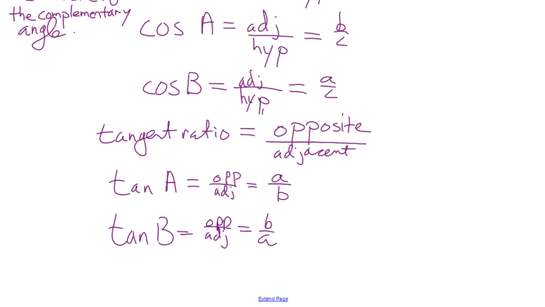Okay, what are the secondary trig ratios? What are the other three trig ratios which are not sine, cos, and tan?